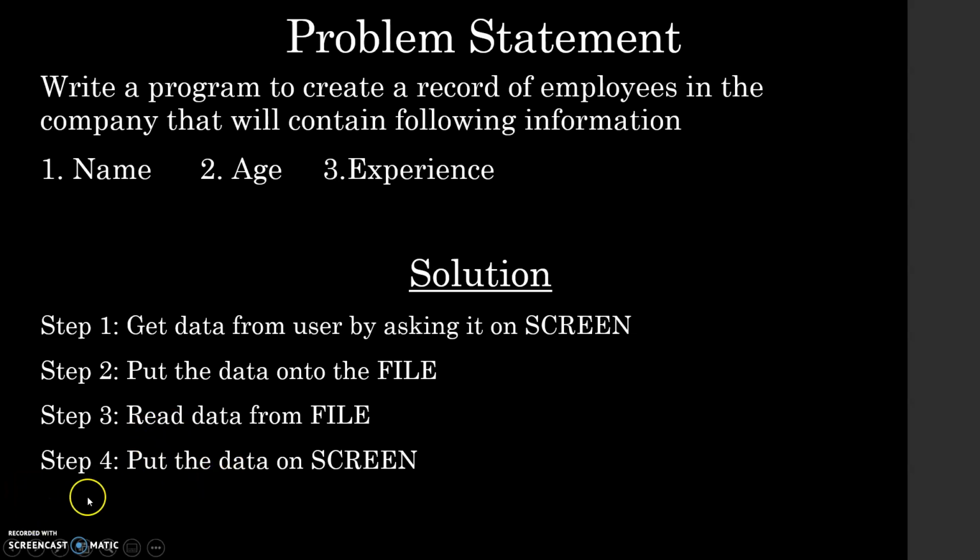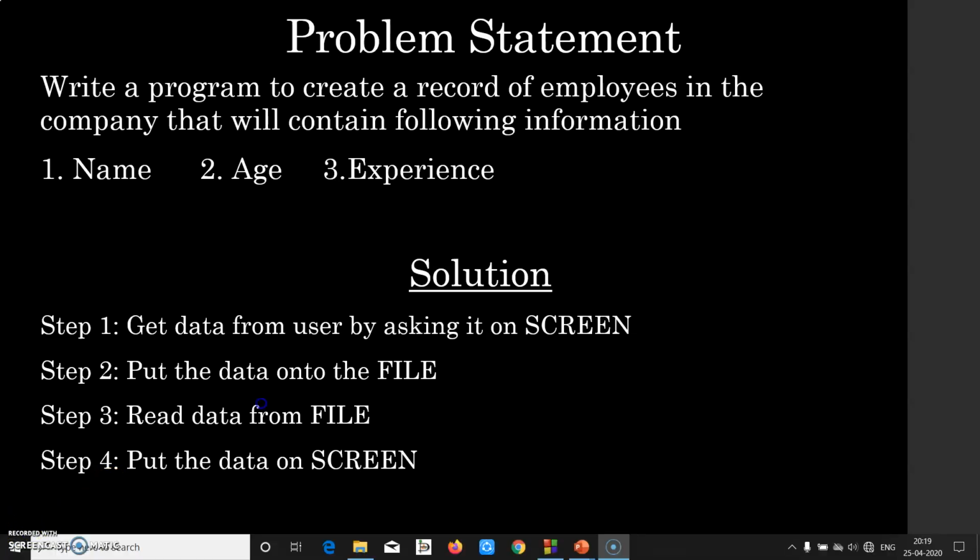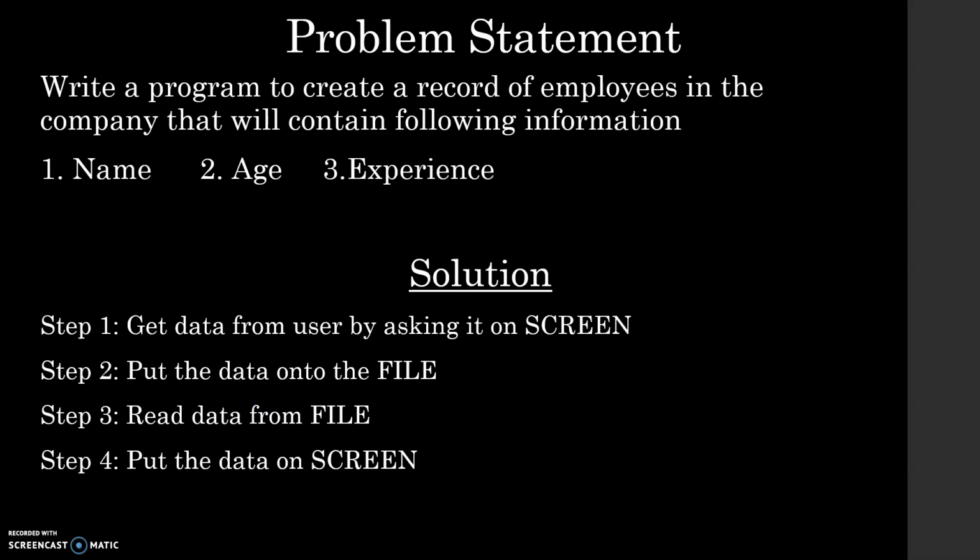Now we are going to switch directly to the programming part, and I'm going to open Code::Blocks. One more thing before that: out of all the 4 steps, 2 steps are for the screen, whereas the other 2 steps are for the file.